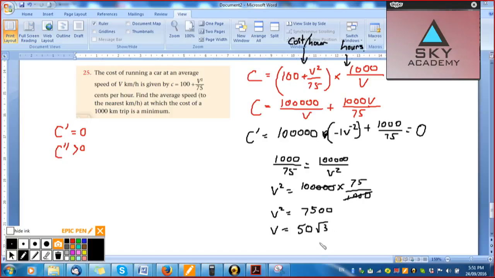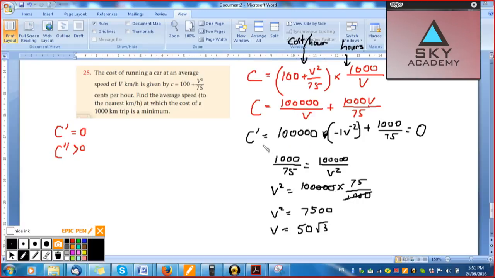That will be the answer. Now, the last thing we have to do is test the second derivative as well and make sure it's positive. And then that's basically your answer.